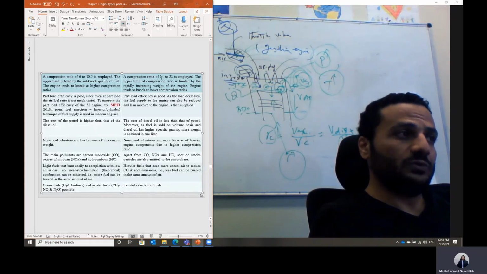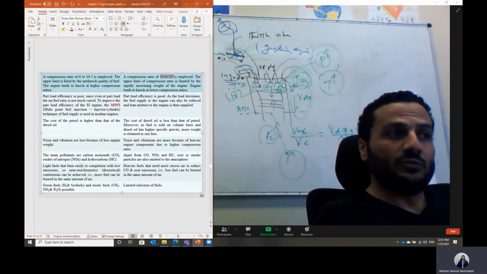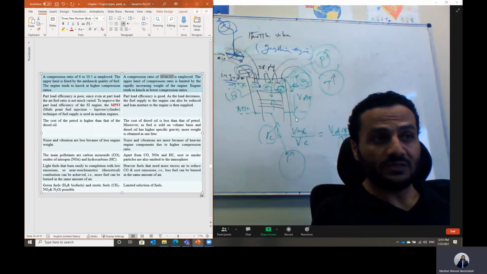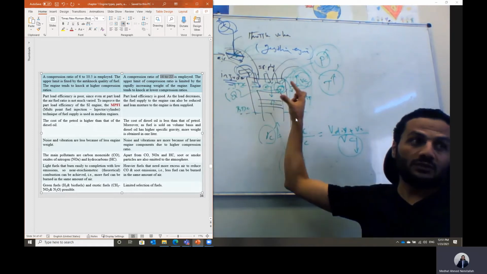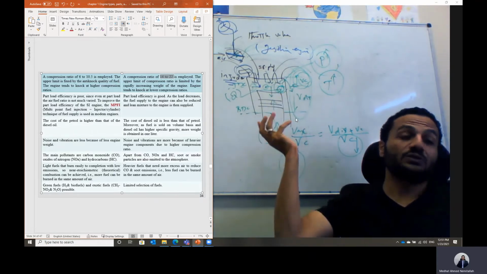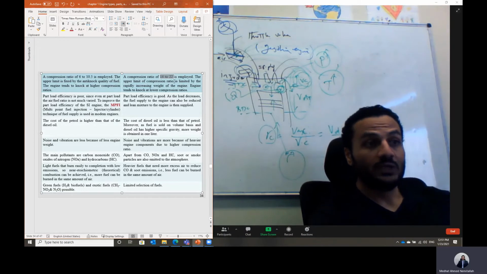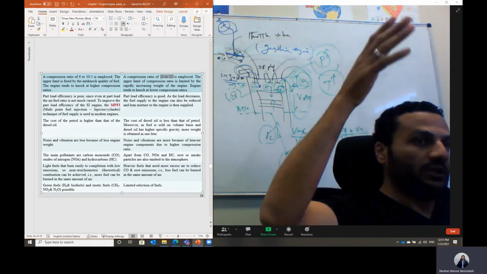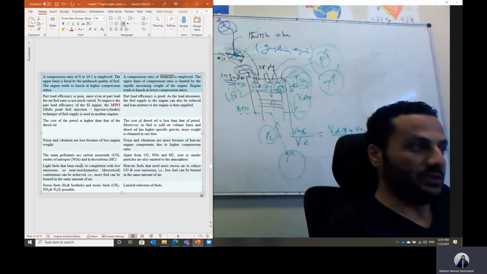But in diesel, if you increase the compression ratio, we have to strengthen the cylinder wall by adding more material so that it can withstand this high pressure. So the engine gets heavier as we increase the compression ratio, because the pressure will be higher and we have to use materials that can withstand it.